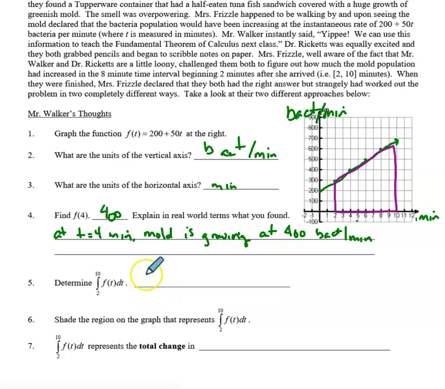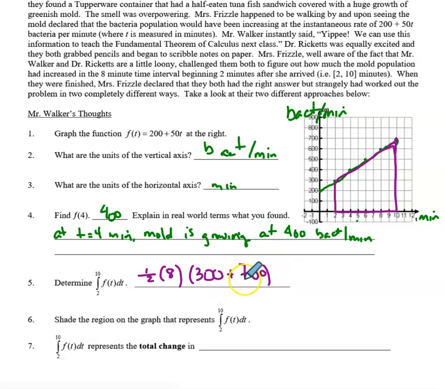And I know that my area of a trapezoid is going to be 1/2 times the height, and the height will be 10 minus 2, or 8, times base 1, which is the height here at 2, it looks to be 300, plus base 2, which is the height here at 10, which when I plug in 10, I get out 700. It's really up here. So 700 there.